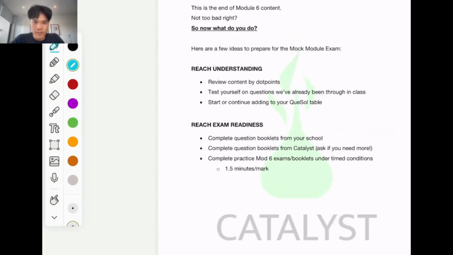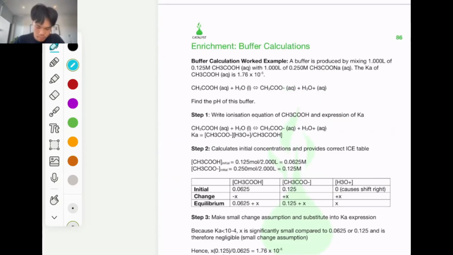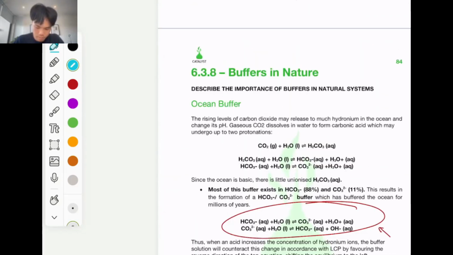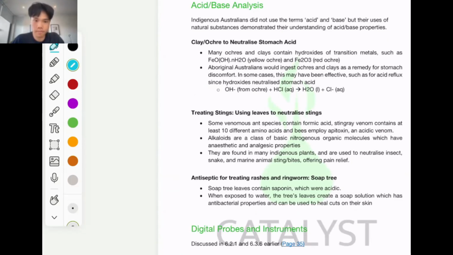Okay. Any questions? For the Aboriginal and Torres Strait Islander people, if it says give an example of an acid-base use from the Aboriginal and Torres Strait Islander people, can we just say soap tree? Is that just fine? Well, you would have to justify it.